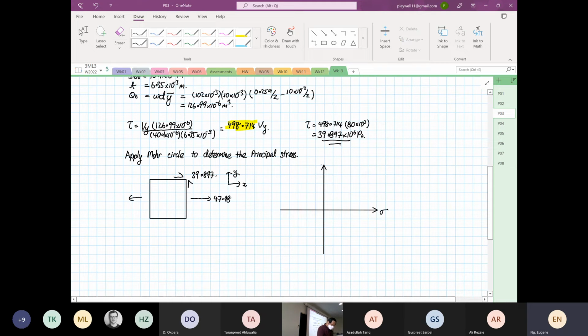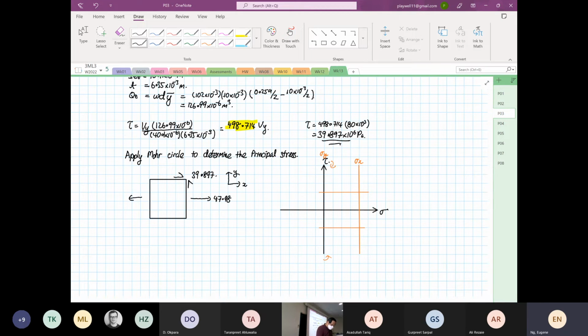So this is our normal stress, this is our shear stress, and then this is just a sketch. Okay? We know that we have one value over here. Okay, so this is our stress X line, this is our stress Y, and then the shear is somewhere around here. Okay, element rotate clockwise, element rotate anti-clockwise. So for the 47.98 is going anti-clockwise.